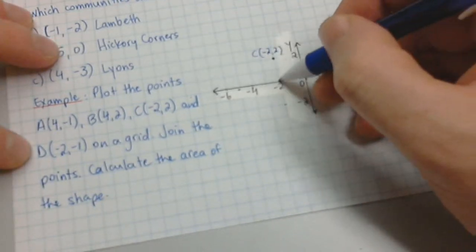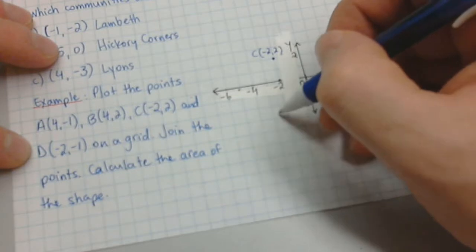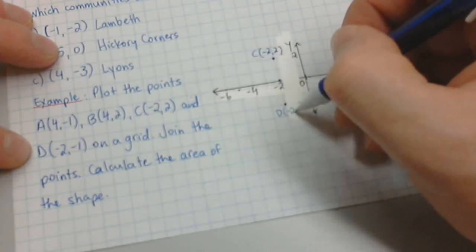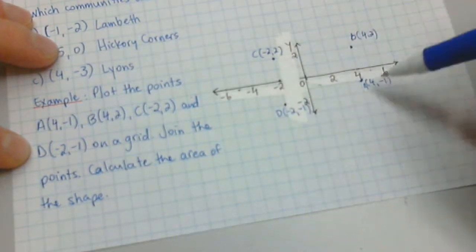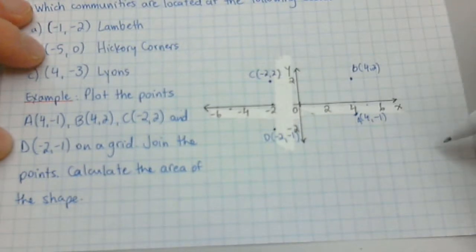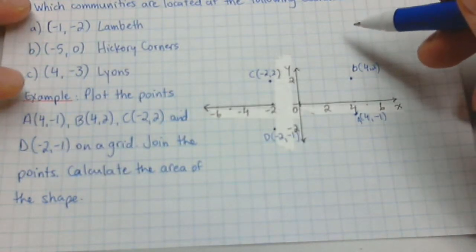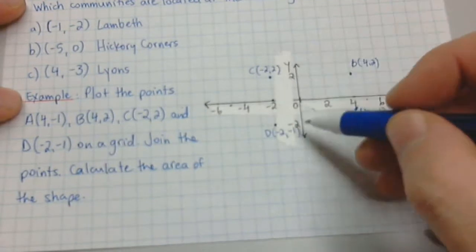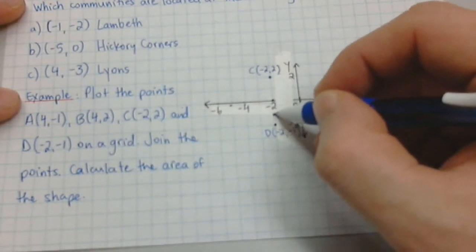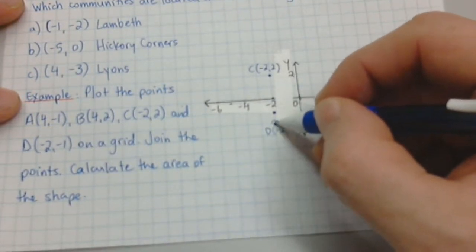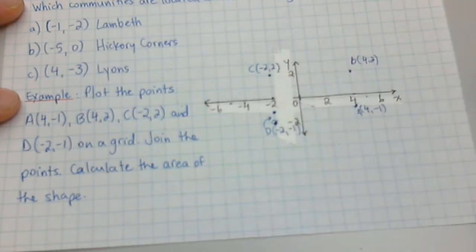And then D is at -2, -1. So I have a point in each of the quadrants. I'll write that down quickly. Well, I went down too far with D. I went down to 2.